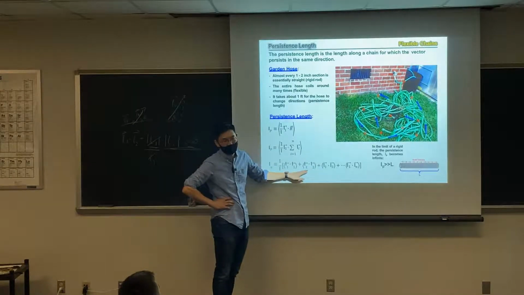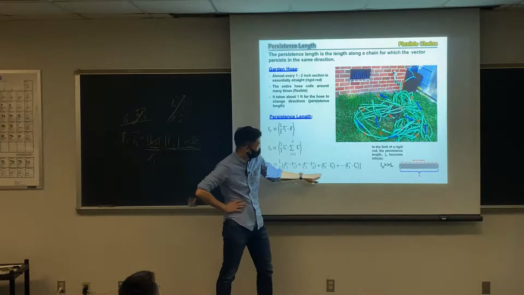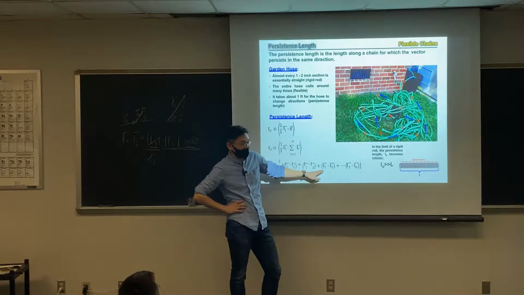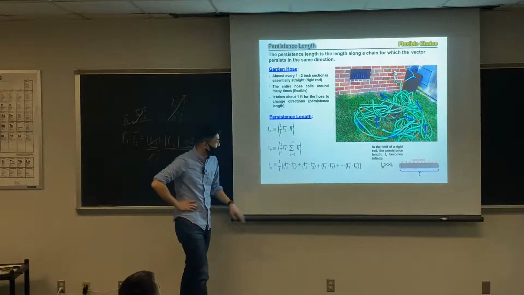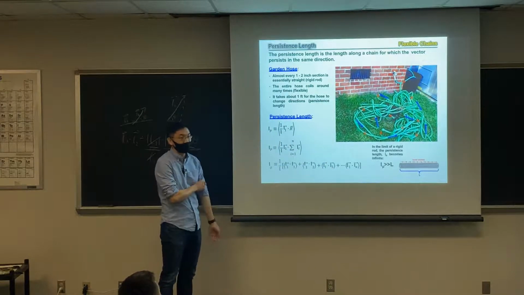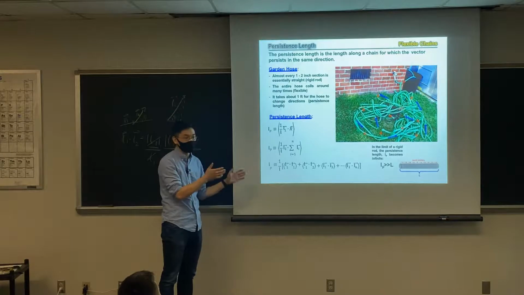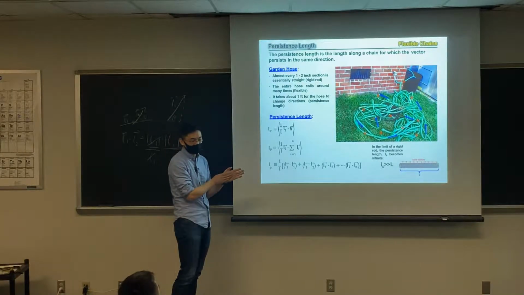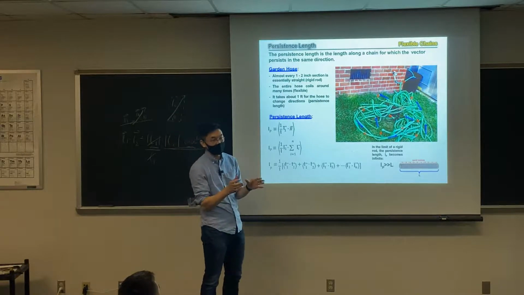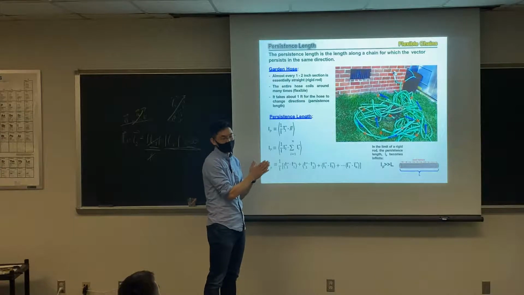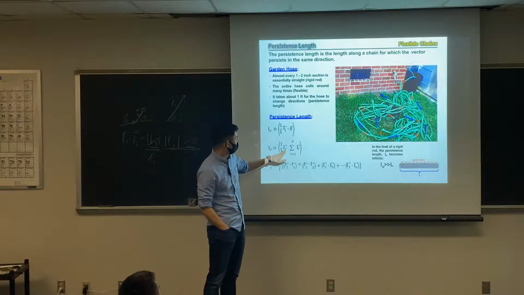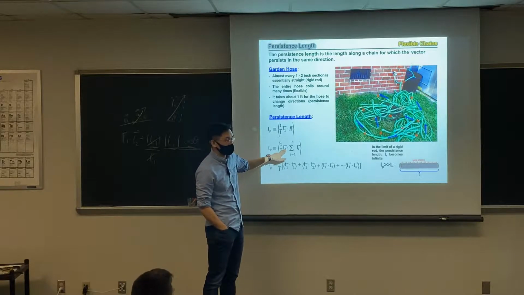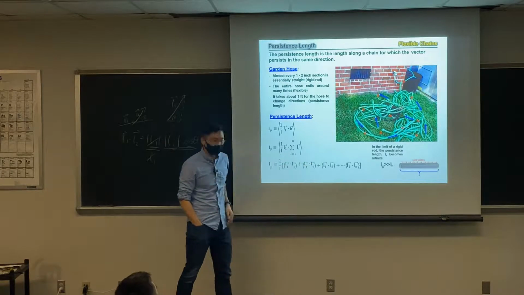L2, how much it's projected to L1's direction. L3, how much component is left in L1's direction, and so on and so forth. So basically, this is a general definition of the directionality of your polymer chain along a given bond direction. It doesn't matter if it's L1 or not, because this is universal. If you replace L2, it's the same equation.